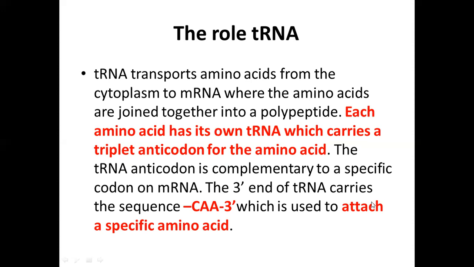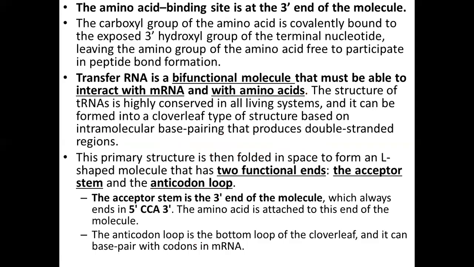And the 3' end of the acceptor arm of transfer RNA ends in the sequence CCA 3', which is used to attach a specific amino acid. So the amino acid binding site is at the 3' end of the transfer RNA.